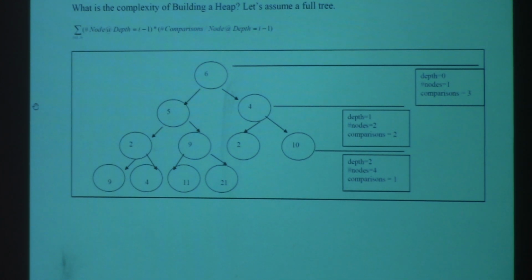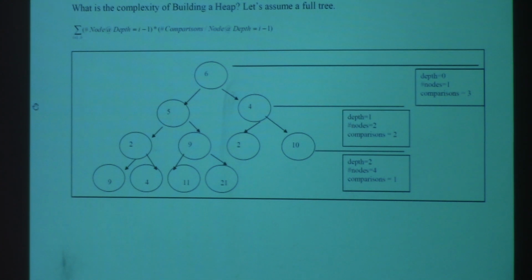At depth 2, which has the 4, 2, 9, 2, 10, there are 4 nodes and at most 1 comparison to get them down. At the bottom, assuming a full tree, we would have 8 nodes and 0 comparisons, because those nodes, going bottom up, are never going to get compared.